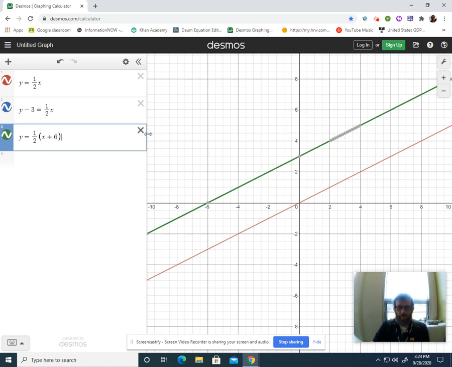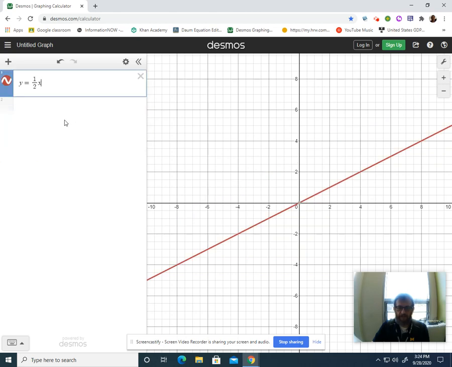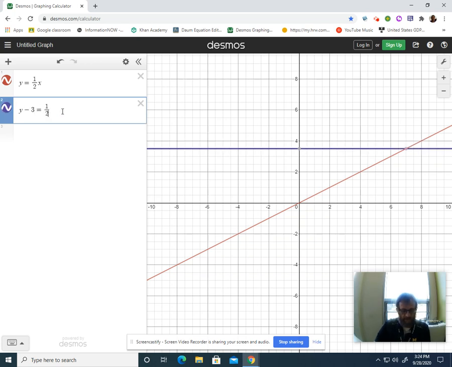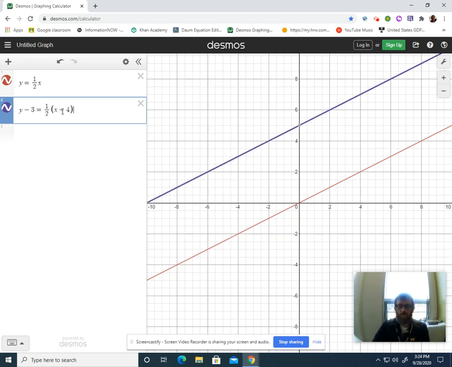All right, now you can do both simultaneously. You can do y minus 3 equals 1/2 of x plus 4.